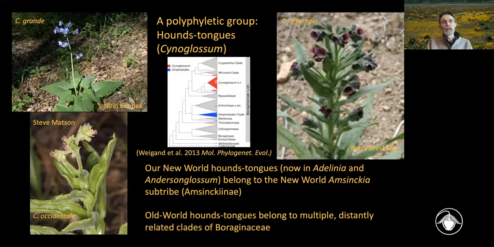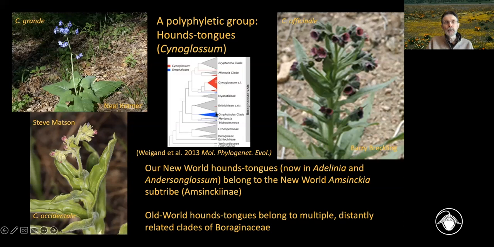And a good example of a polyphyletic group that's been recently revised are the hounds-tongues, the genus Cynoglossum. And the way that it had been circumscribed, it included representatives of several major lineages of the Boraginaceae.